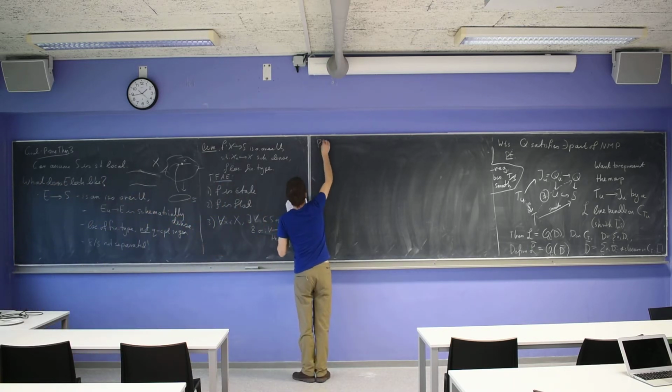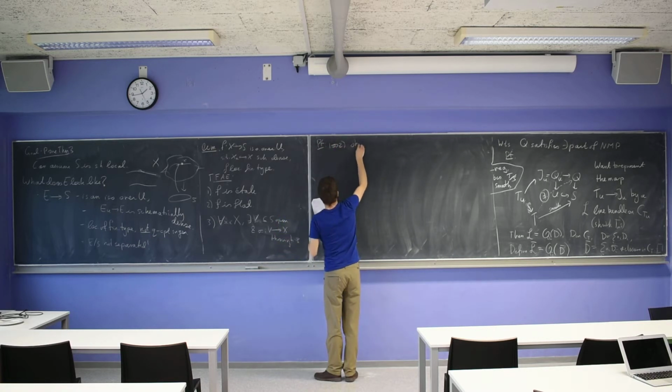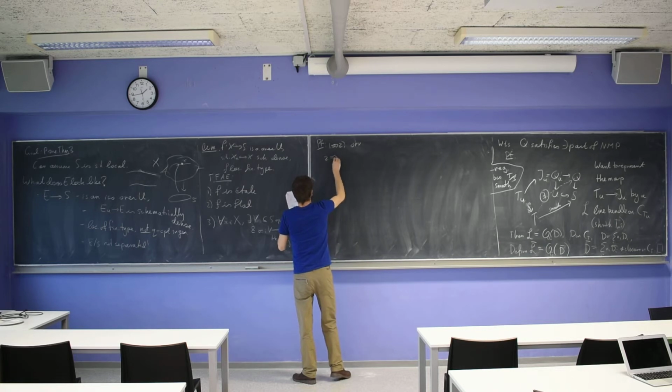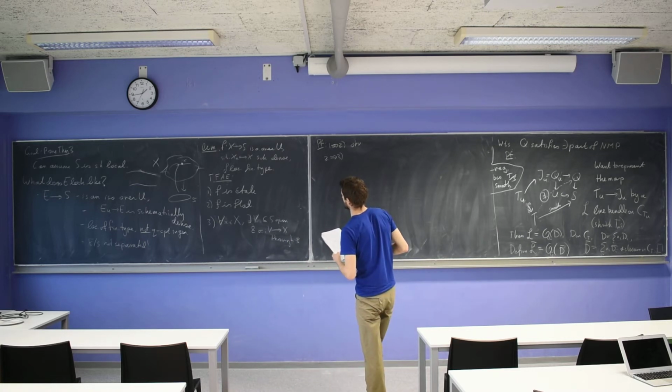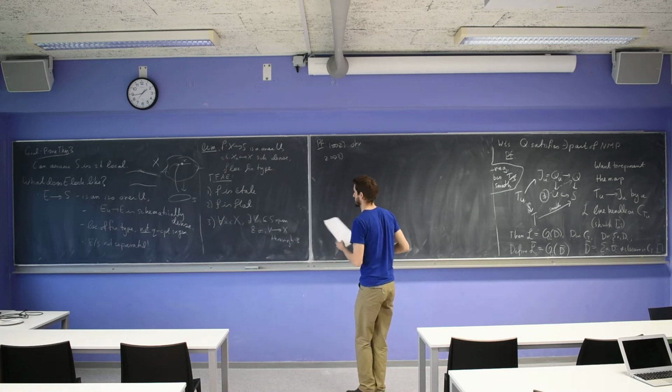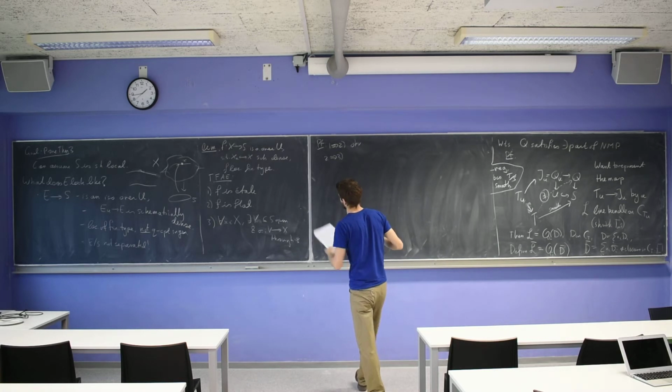So proof: 1 implies 2 is obvious. 2 implies 3. This is slightly copying an argument of Luc Illusie in his paper on compactification of schemes. But in the end, the argument is not really like this.